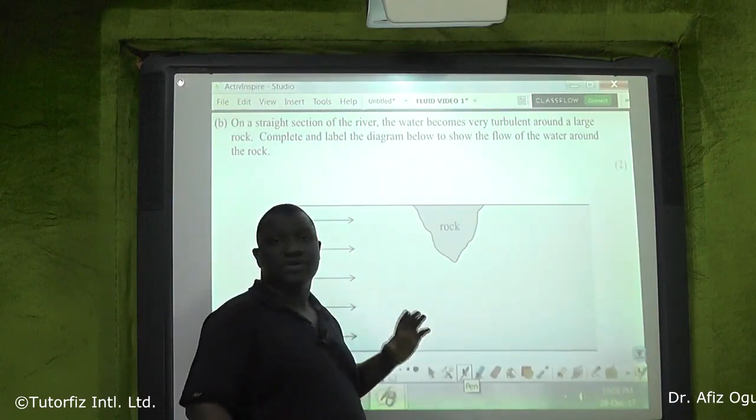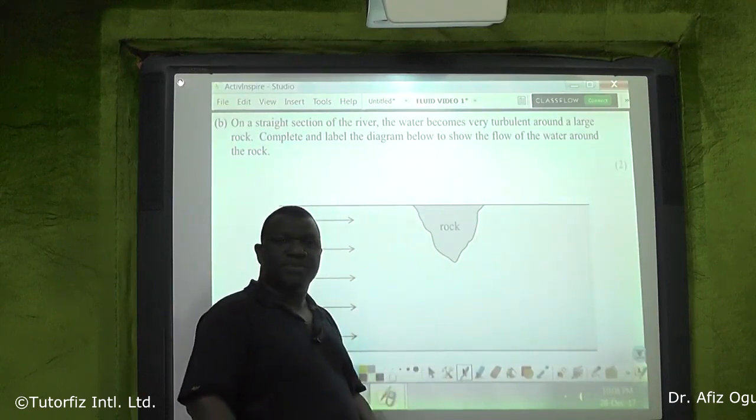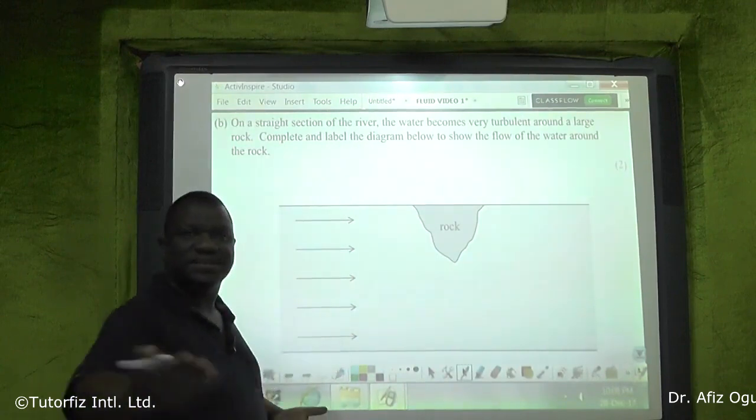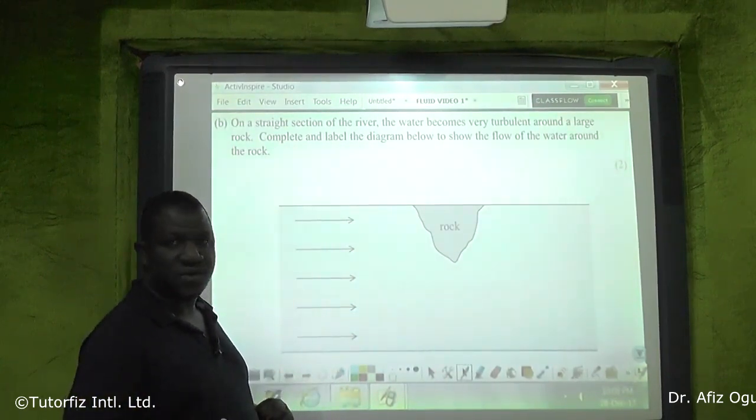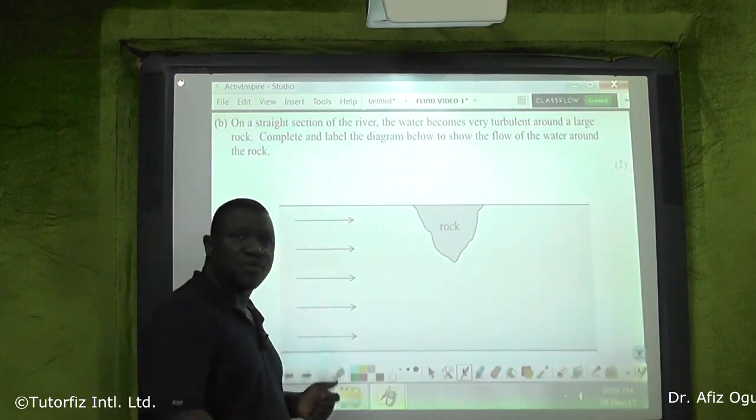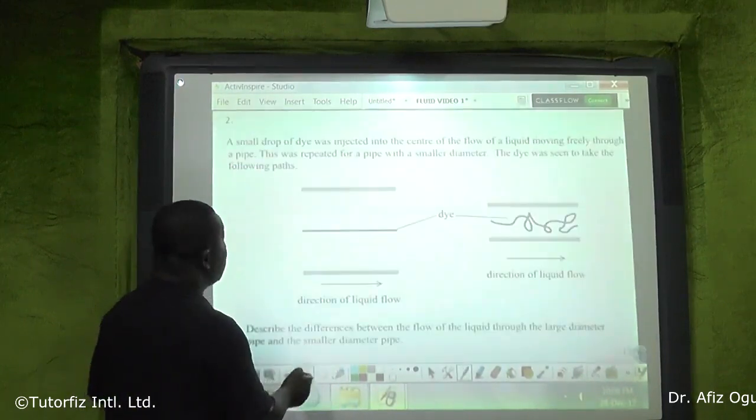Just like the rough below the river, it is not as smooth as a very smooth, frictionless surface. You have something that is rough also below the river we showed you earlier.